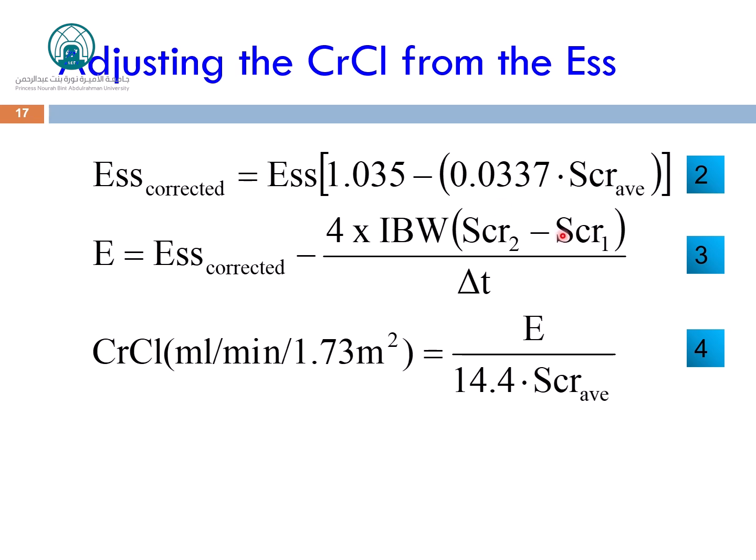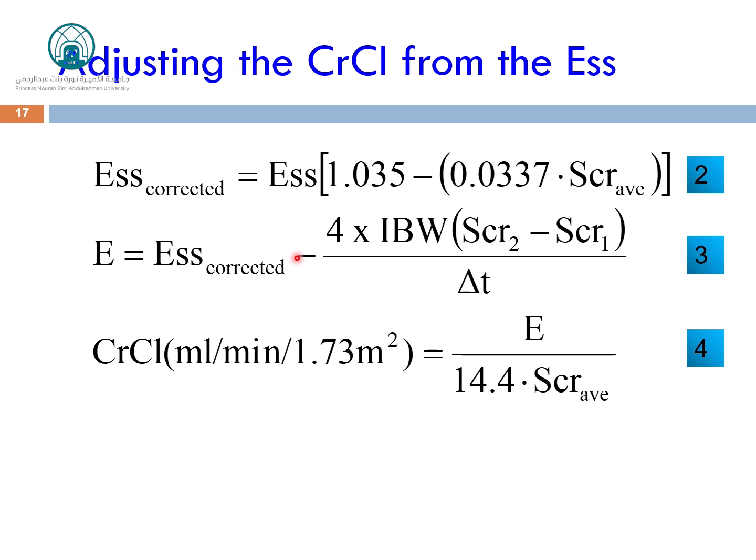So this is the second equation, which is the corrected excreted creatinine, and next you will have the third equation, which is the E value, or excretion value, equal to the corrected excreted creatinine calculated from equation 2 minus 4 multiplied by the ideal body weight multiplied by the serum creatinine 2 minus serum creatinine concentration 1 at 2 different time intervals, divided by delta t, the time difference.